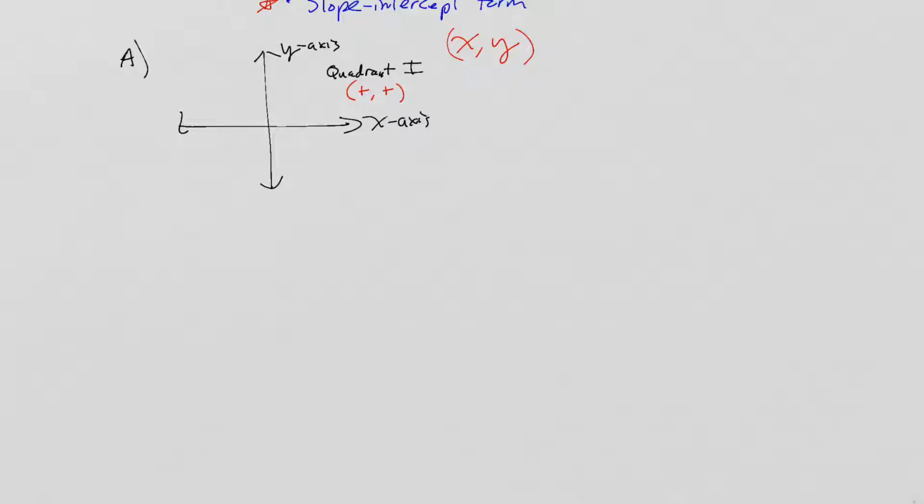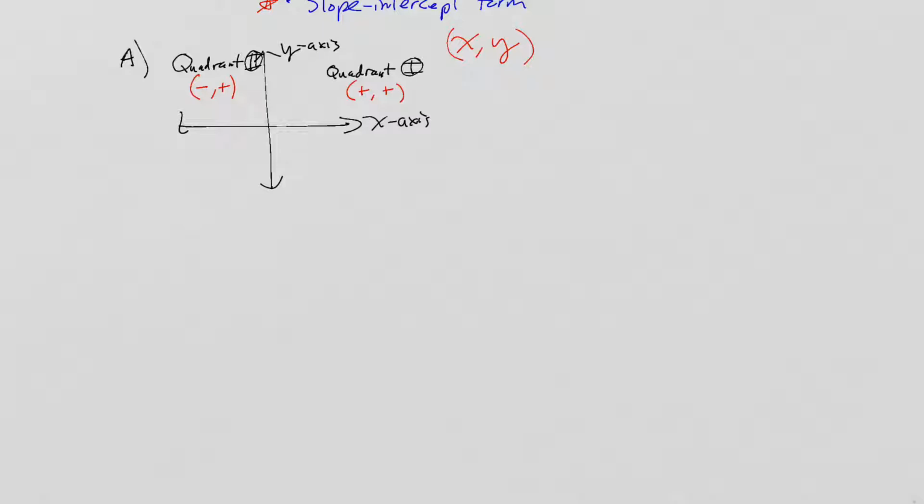Then quadrant 2, we're going to go counterclockwise. What's special about this is we're on the left side of the y-axis, so that's going to be negative for x's, and we're still on the top side, so y is positive.